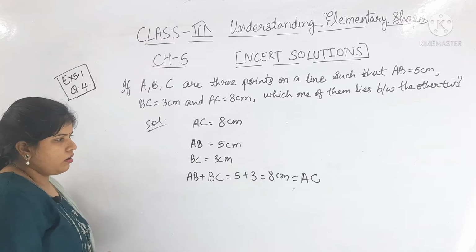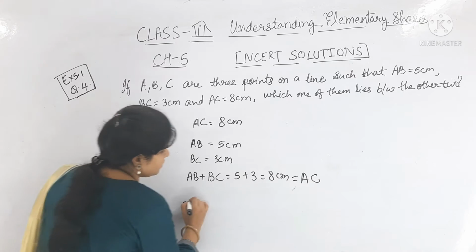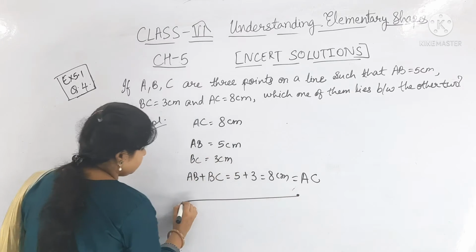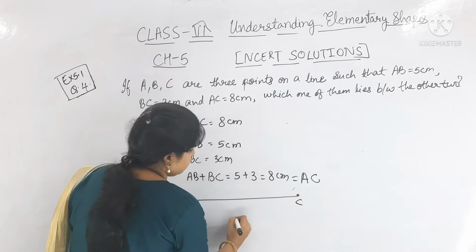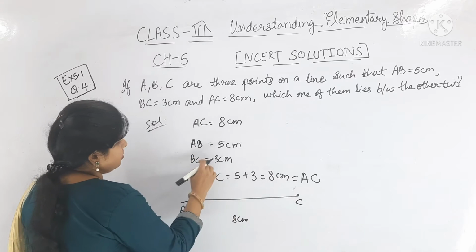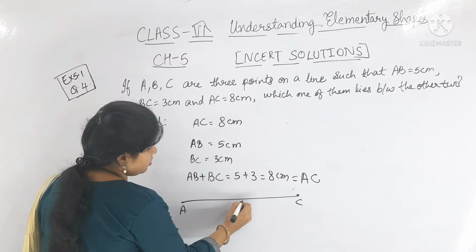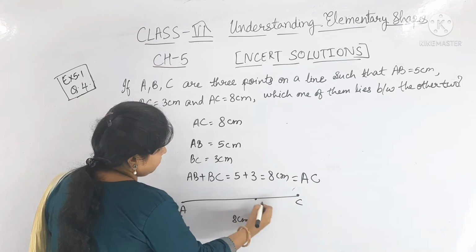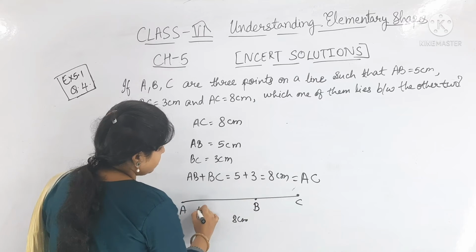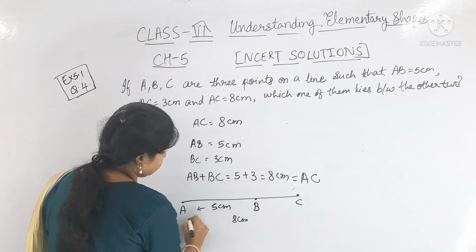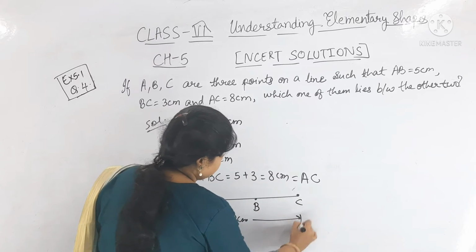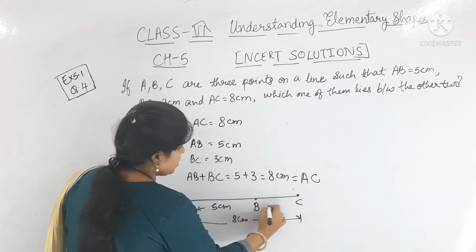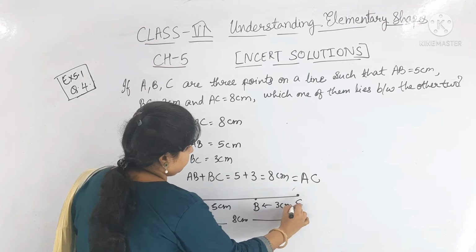So what can we find out? This AC is 8 centimeter, and AB is 5 centimeter, so somewhere here is B. This is 5 centimeter and BC is 3 centimeter.